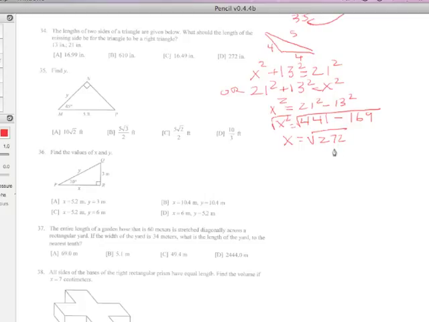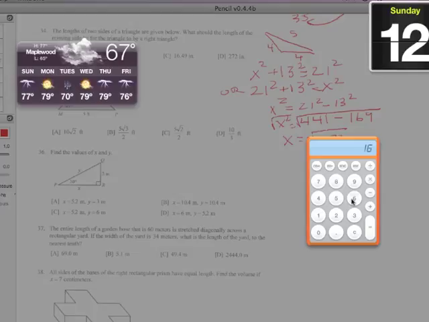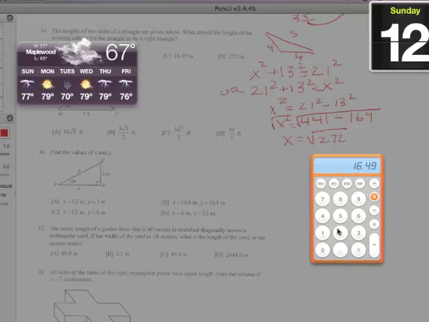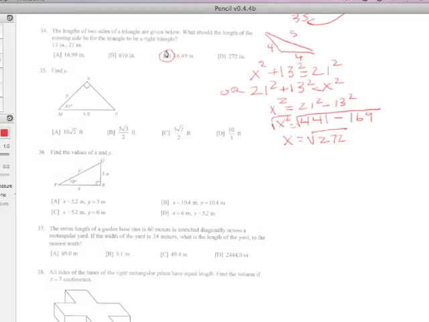Let's think about this. What is 16 squared? You could just do this on your calculator, but I have to guess. So it would be a little more than 16. Let's try 16.49. Let's see if that's the square root of 272. Yeah, 272. So it has to be C. If you tried the other one, you would see that it wouldn't be any of these possible answers.